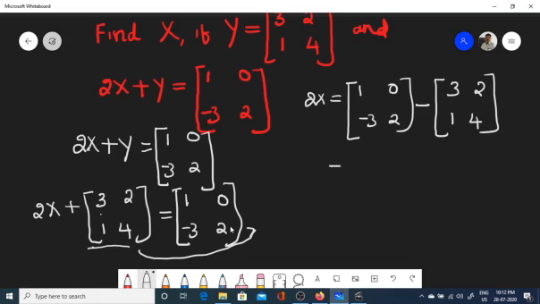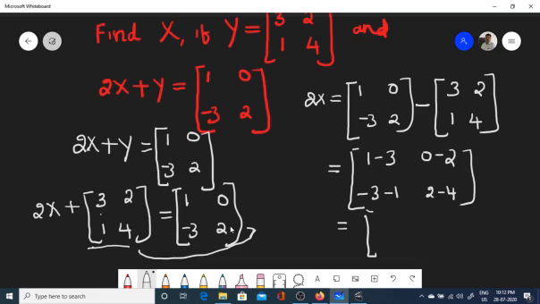So this is a subtraction of matrices. So therefore, just by subtracting this, 1 minus 3, 0 minus 2, minus 3 minus 1, 2 minus 4. So that is 1 minus 3 is minus 2, minus 2, minus 3 minus 1 is minus 4, and minus 2.